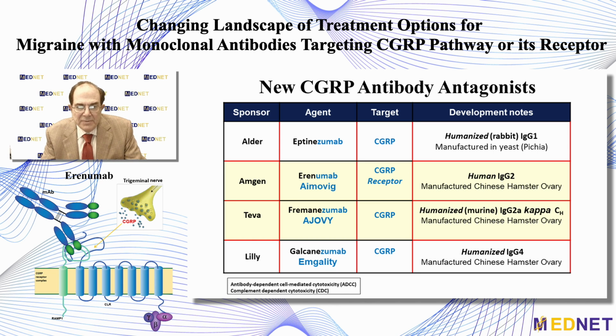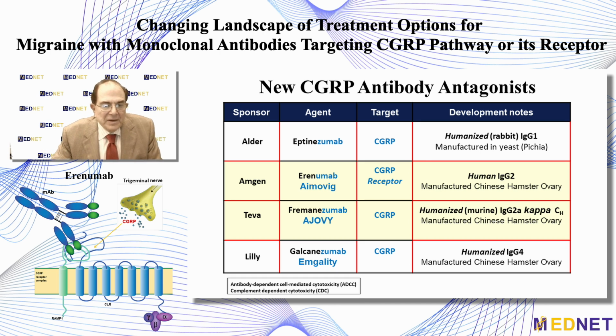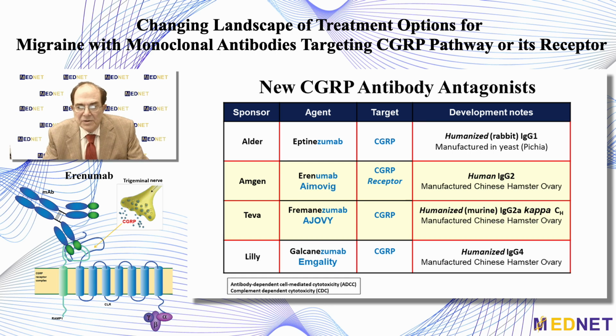Erenumab from Amgen, Aimovig, targets the canonical CGRP receptor. The Teva drug, fremanezumab or Ajovy, targets CGRP, and the Lilly drug, galcanezumab or Emgality, also targets CGRP. So basically, there are two major classes of antibodies in this field: one that targets the receptor, and three that target CGRP itself.